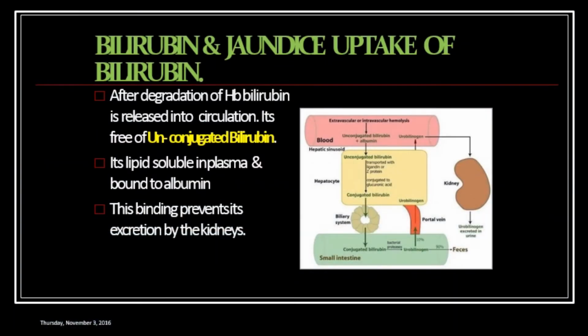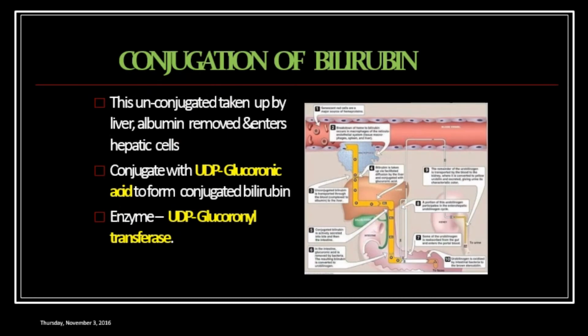After the hemoglobin is degraded and bilirubin is produced, we call it unconjugated bilirubin, which is insoluble. So what happens? It gets attached to albumin and is taken to the liver. In the liver, it gets conjugated with glucuronic acid and becomes conjugated bilirubin.